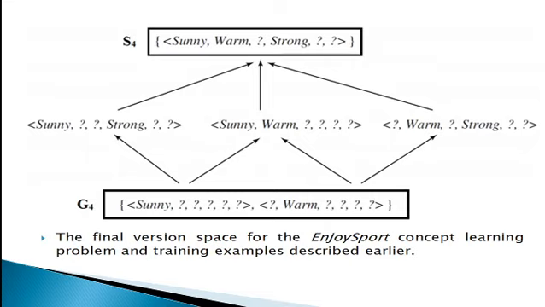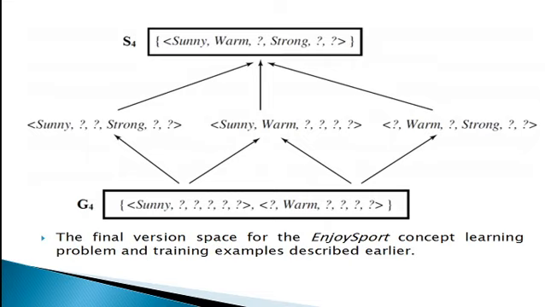This learned version space is independent of the sequence in which the training examples are presented. As further training data is encountered, the boundaries S and G will move monotonically closer to each other, which will delimit a smaller and smaller version space of candidate hypotheses.